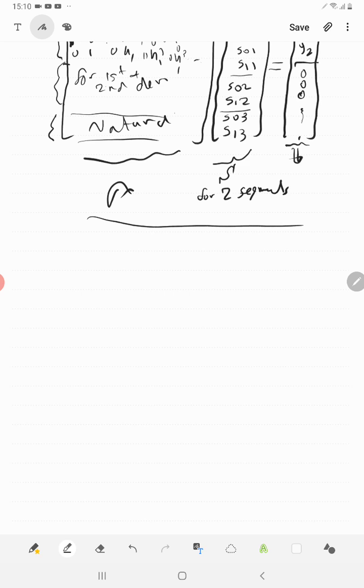You see the second derivative at this point here is 0, and at this point the second derivative is 0. That's from the 2 equations. We equate the second derivative.